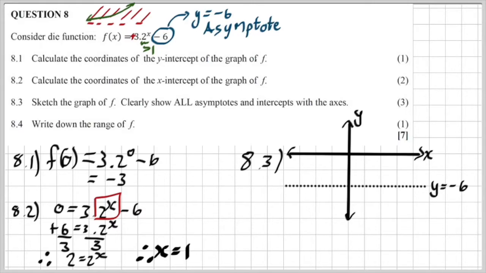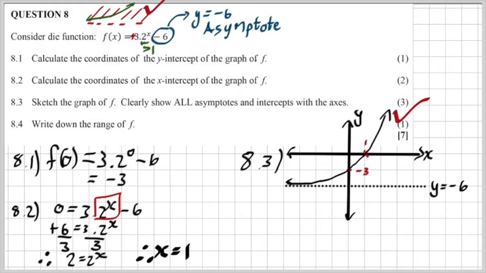I'm going to insert my intercepts with the axes, which are at -3 and at 1. Remember, it's 2 different sets of coordinates. Please remember that. And then I'm going to sketch my graph. And yes, it does go away from my asymptote, so I know my graph is right.